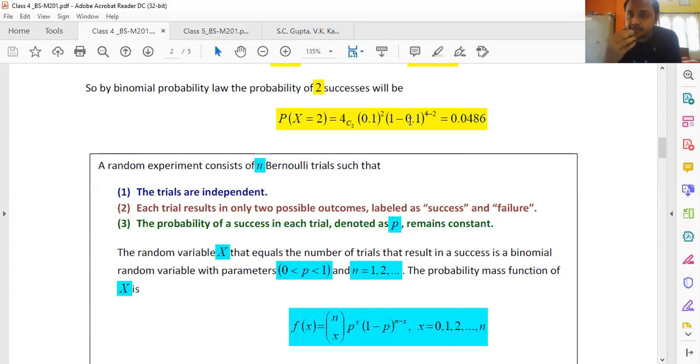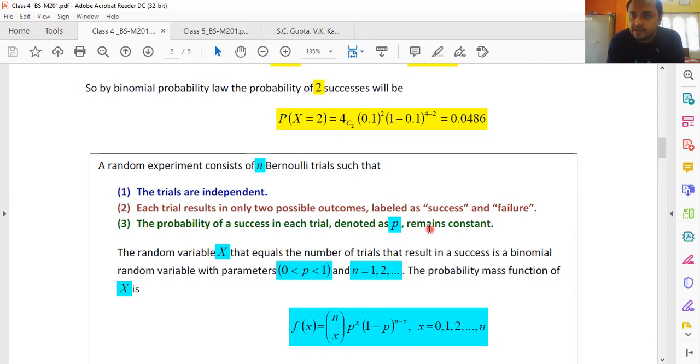The probability of success is not changing. Each time you are receiving the bits, the probability of getting error bits is small p, which is 0.1. So the probability of success here remains constant.